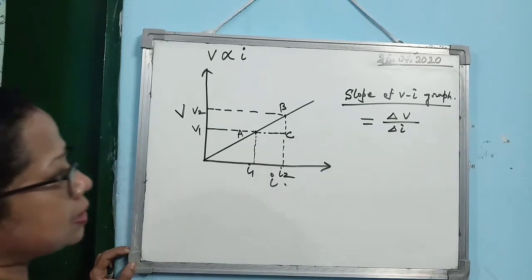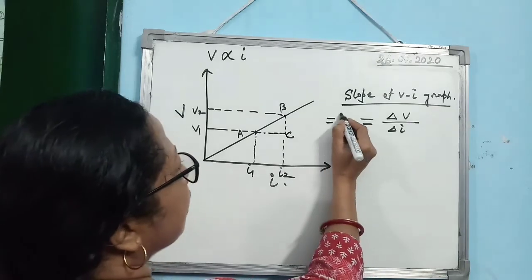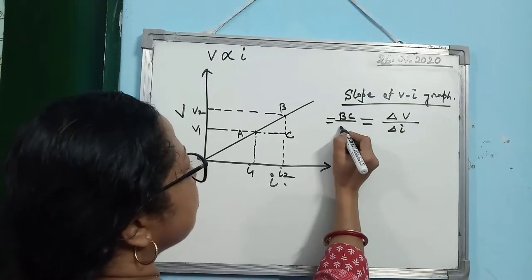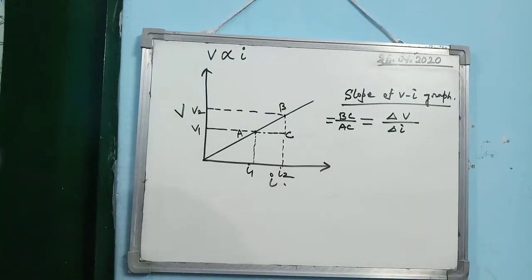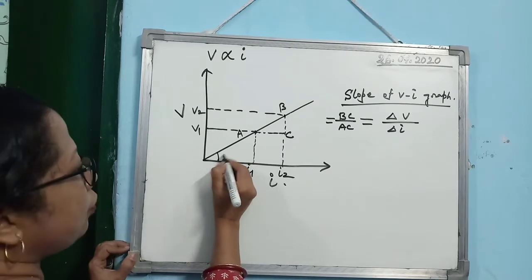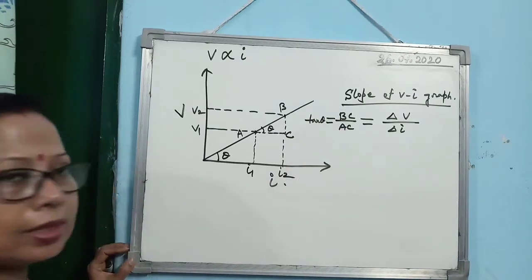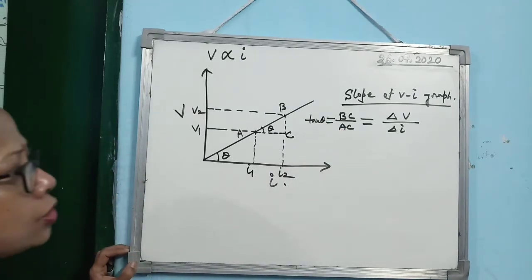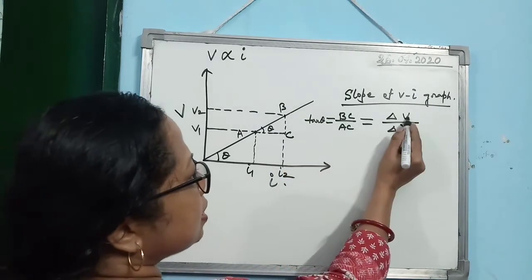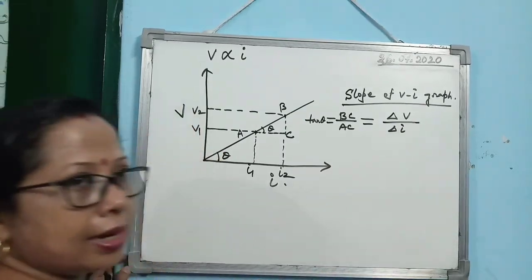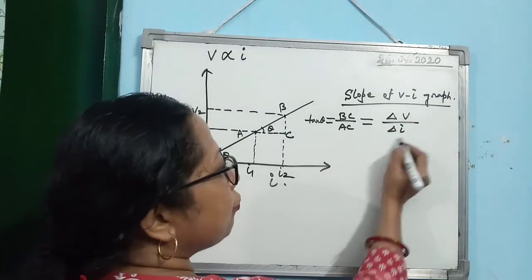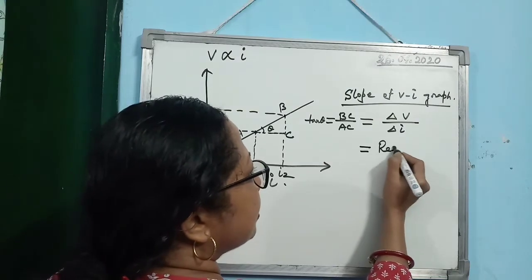So if you consider C, then what is the slope of the graph? The slope of the graph is BC by AC, isn't it? The slope of the graph is tan theta. If you consider this is theta, this is also theta. So what is the slope of a graph? Tan theta. So tan theta is BC by AC. BC by AC is delta V by delta I. And you know, potential divided by current, what is that?